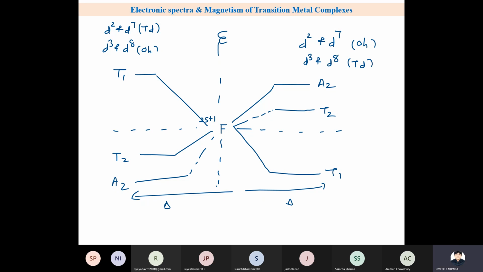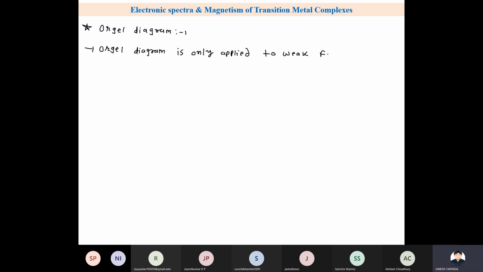Now, the splitting of different terms we have already seen. So the Orgel diagram is only applied to the ground state, and only to weak field complexes. When a weak field is there, it is a high spin complex.